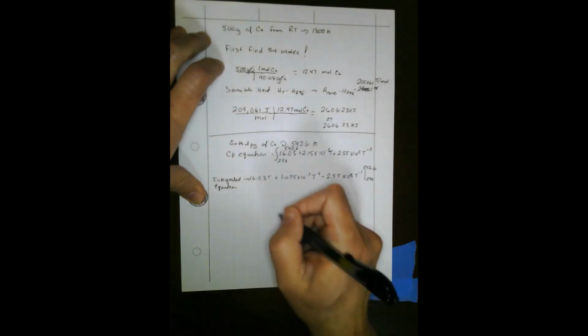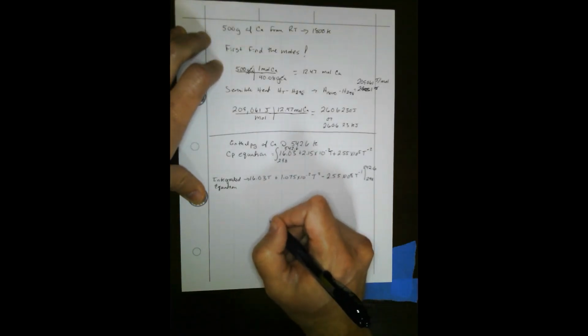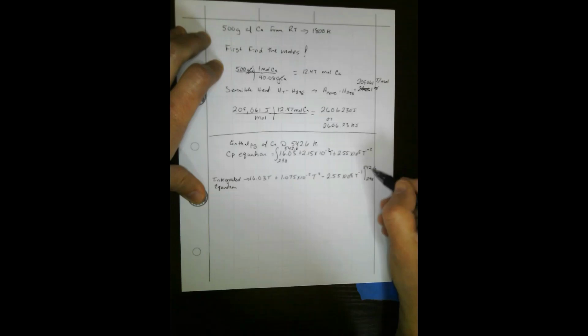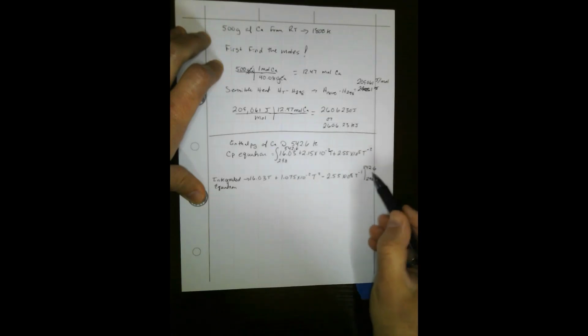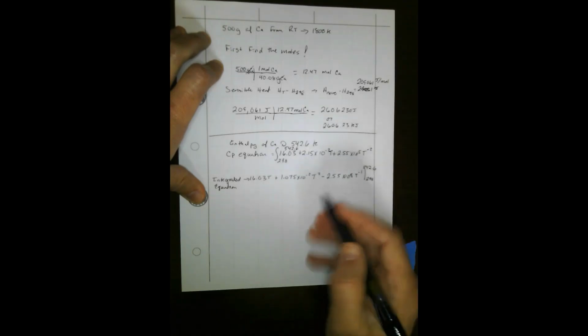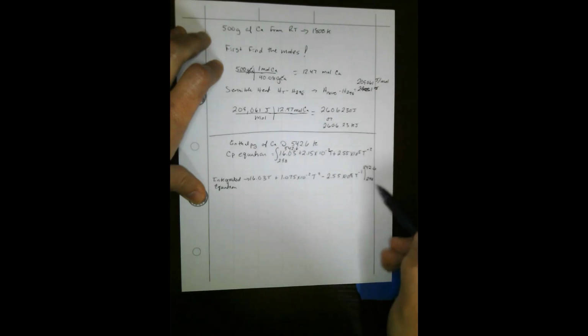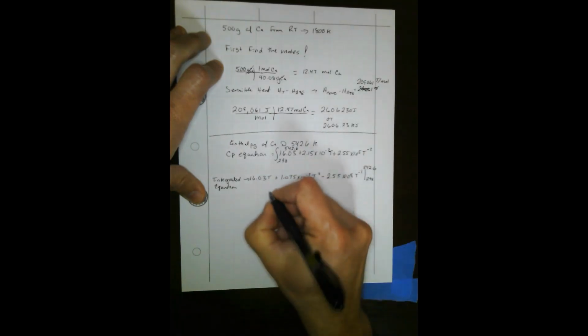I'll spare the intimate calculations. If you remember calculus, you plug in 542.6 into this equation, then plug in 298 and subtract that value from the value you got from 542.6.